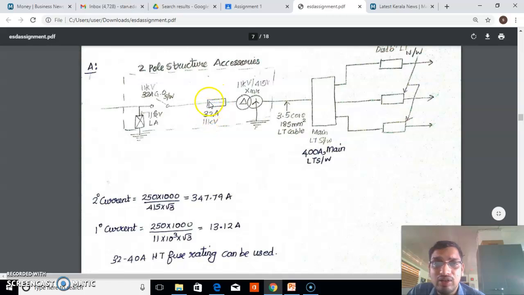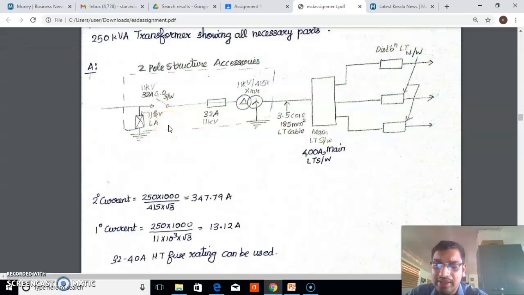From table number 34 of the MK Giridharan data book, you can see the HT fuse rating, HT meaning high tension.